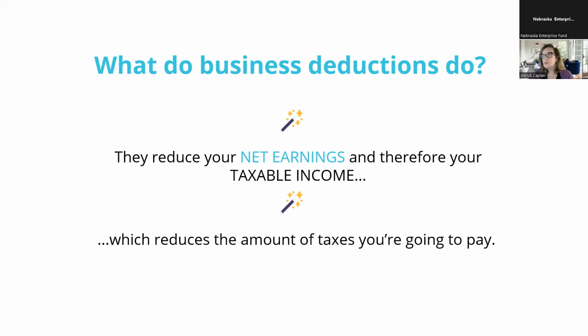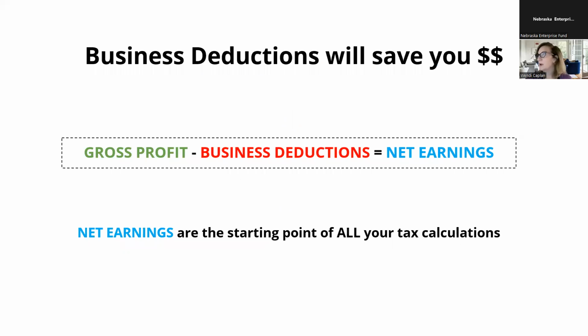So what do those business deductions do? They reduce your net earnings and therefore your taxable income, which is going to reduce the amount of taxes you're going to pay. And again, I'm going to tell you all about what net earnings are. When we make money, that is called our gross profit.